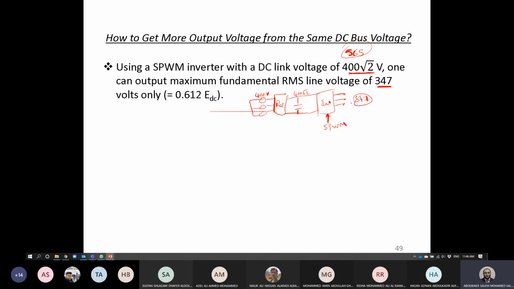So what can we do if we need 400 here for the normal line-to-line loads? We need higher voltage here. So we have some other techniques that can be used in order to increase the output voltage, even with the same value of the input voltage here. These techniques are different to sinusoidal pulse width modulation, guys.